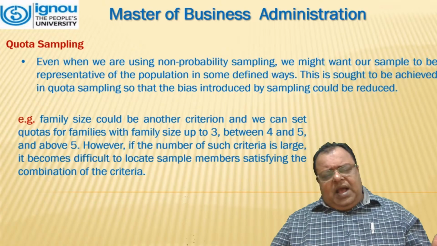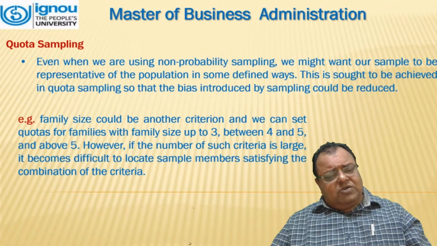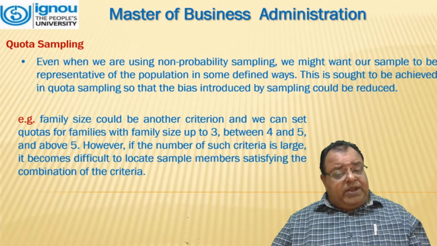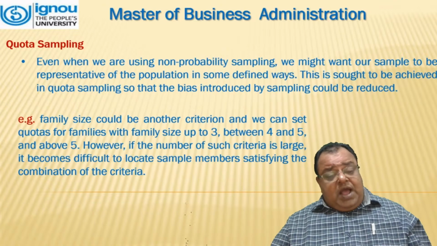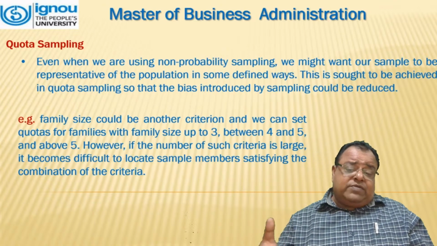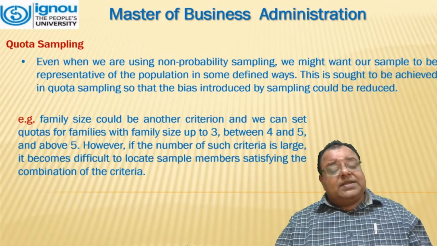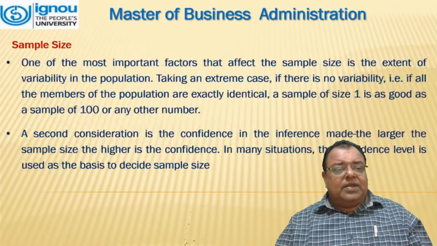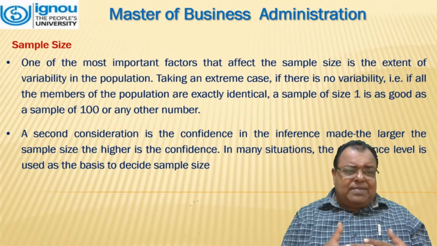For example, family size could be a criterion, and we want to set quotas of families with family size up to 3, between 4 and 5, and above 5. However, if the number of such criteria is large, it becomes difficult to locate sample members satisfying the combination of the criteria.